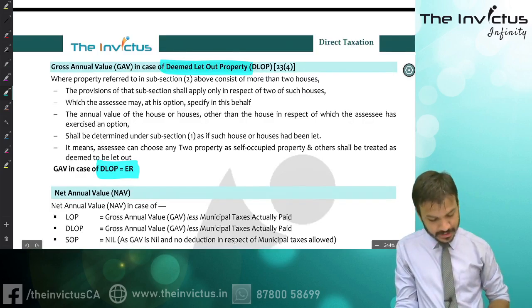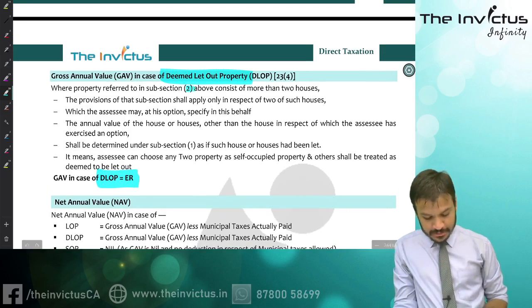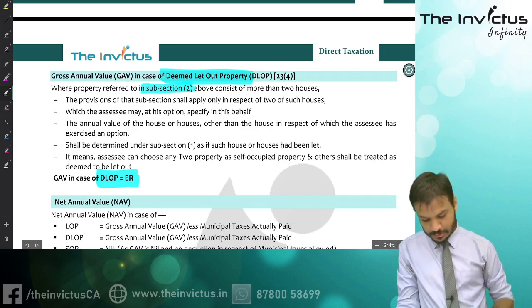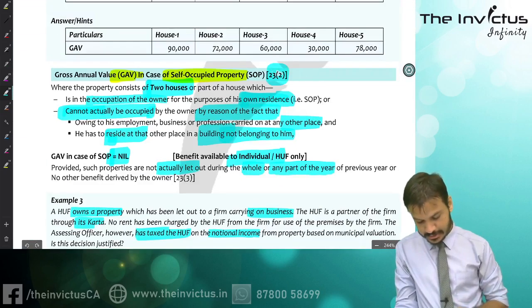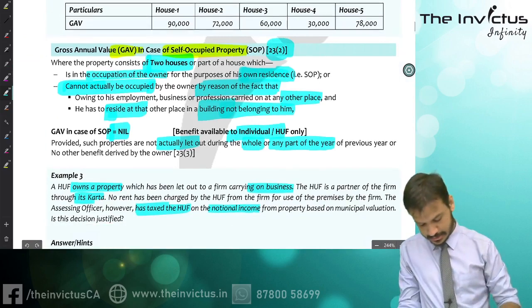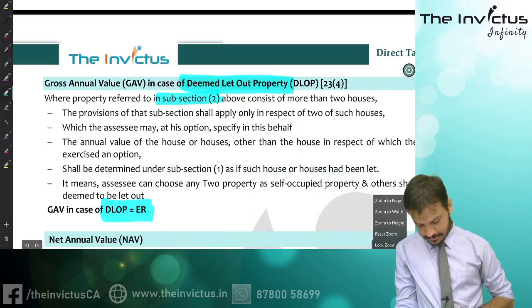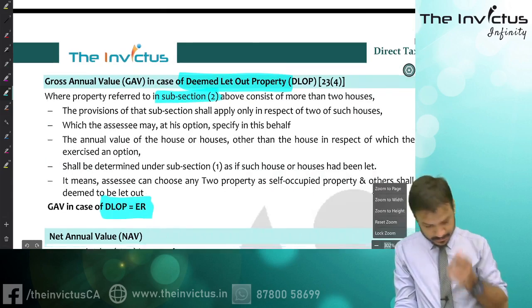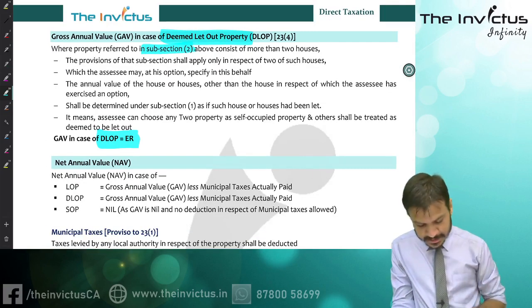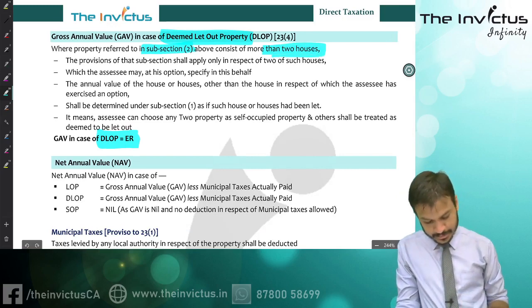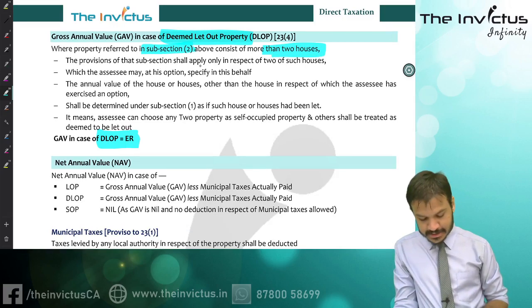What does it say? See, where the property referred to in subsection 2 above, subsection 2 meaning self-occupied property, consists of more than 2 houses, the provision of that subsection shall apply only in respect of 2 of such houses.